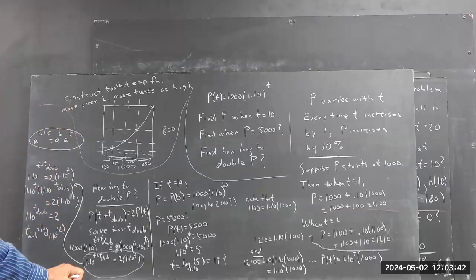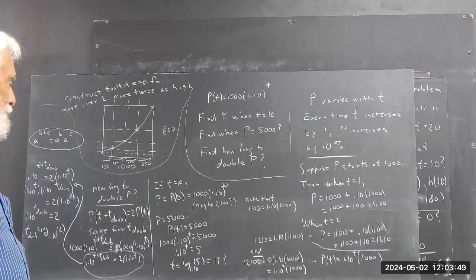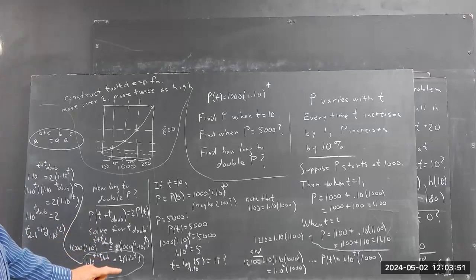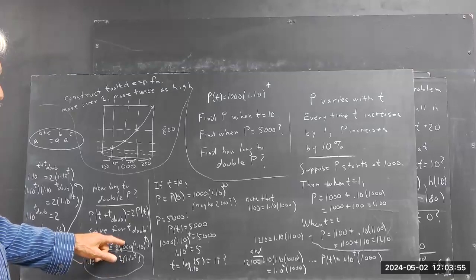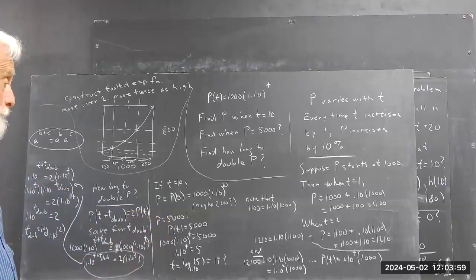If that's the case, then we see how many years it's going to take before a $1,000 investment is really worth $5,000 in today's money. Okay. Turns out about 17 years.